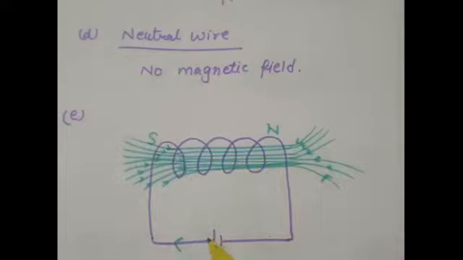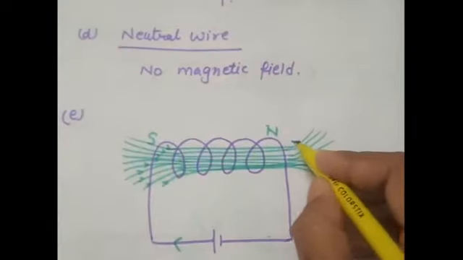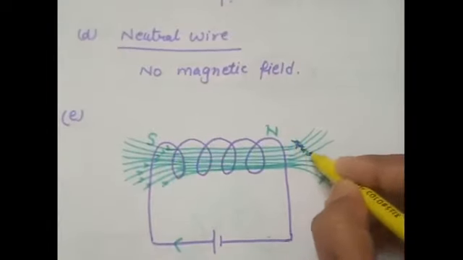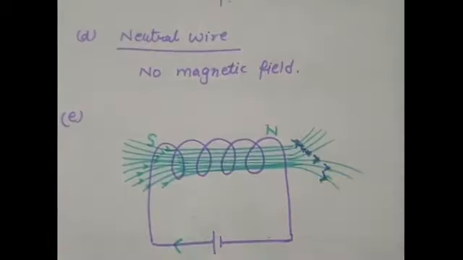According to the direction of the current flowing in it, one end of the solenoid will behave as a south pole and the other end as a north pole. So magnetic field lines will enter from the south pole and exit from the north pole. We can draw the magnetic field lines around a solenoid in this way.